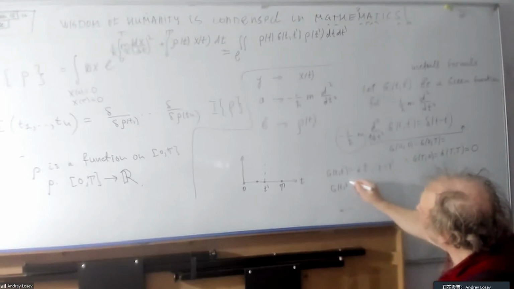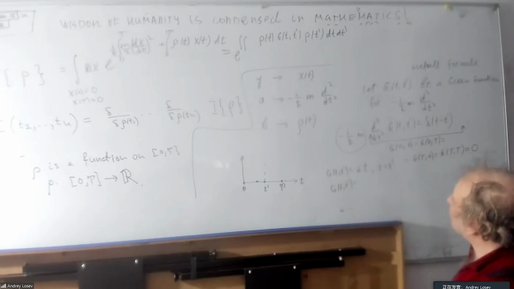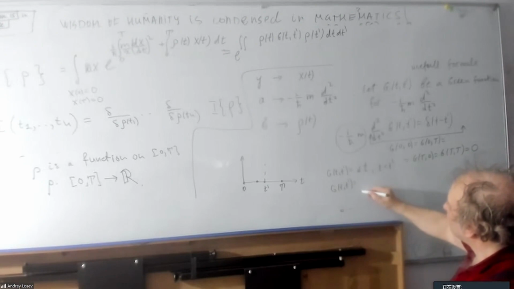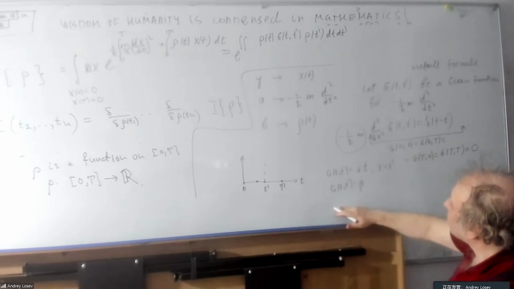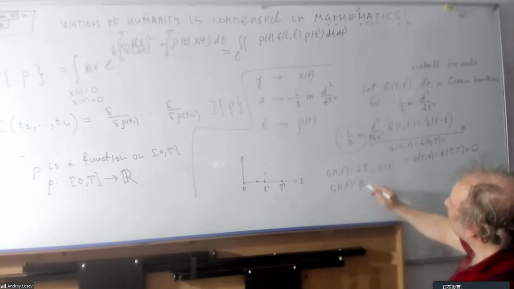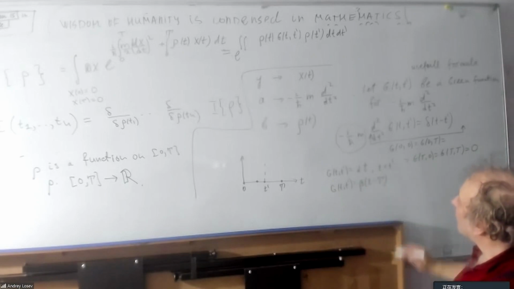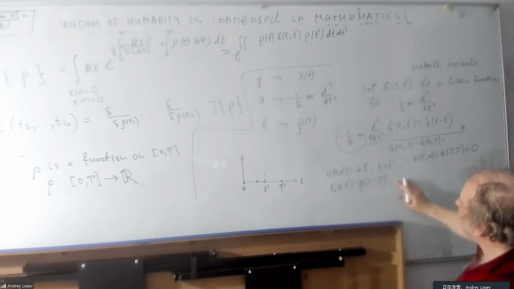And for t bigger than t prime, it should be equal to beta times T minus t.